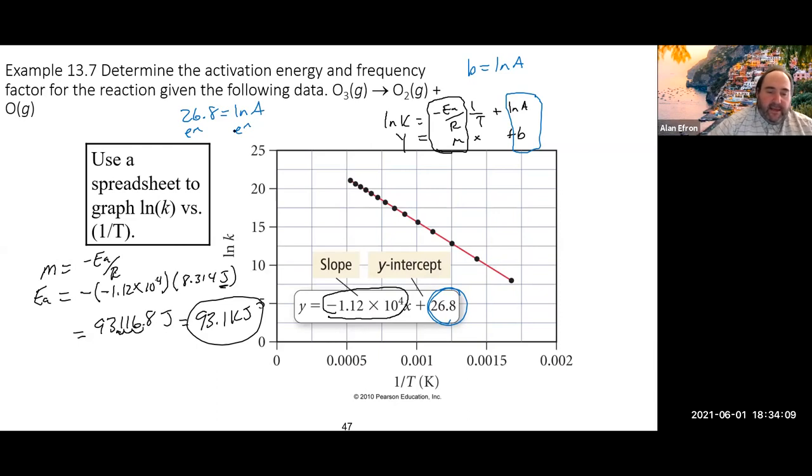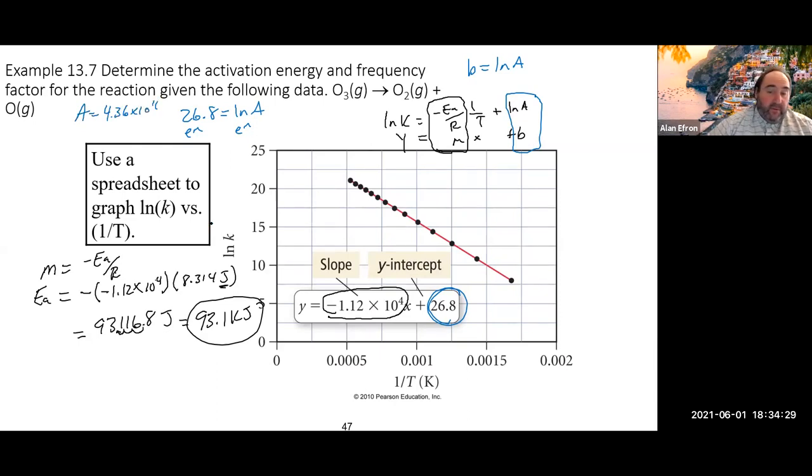And when we do that, we end up with 4.36, we'll go with. So A would equal 4.36 times 10 to the 11.